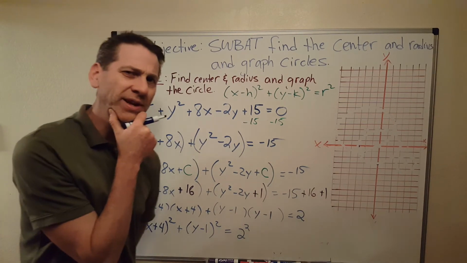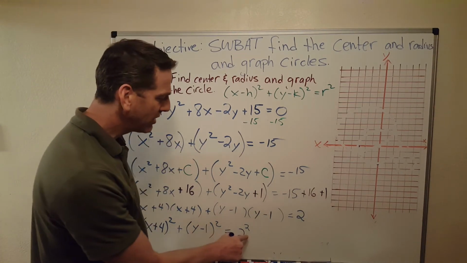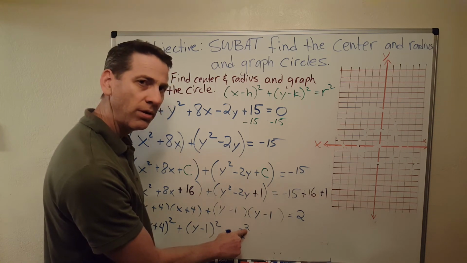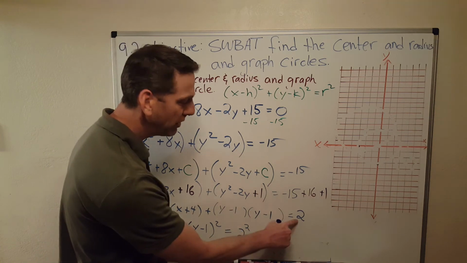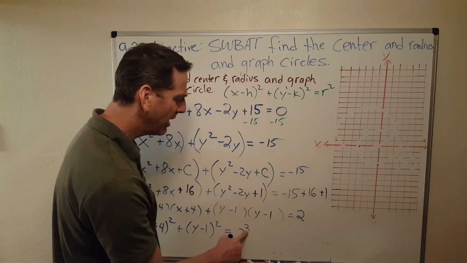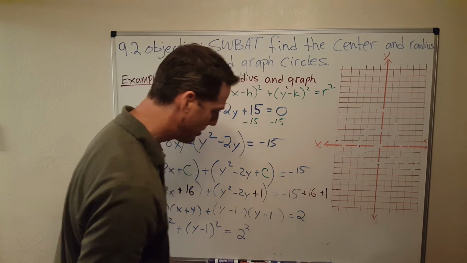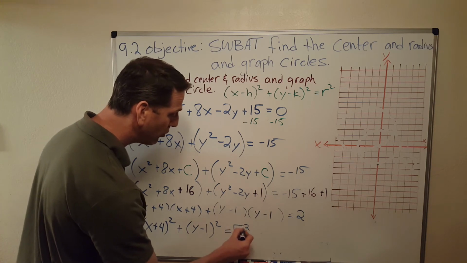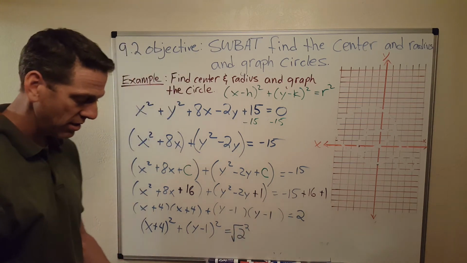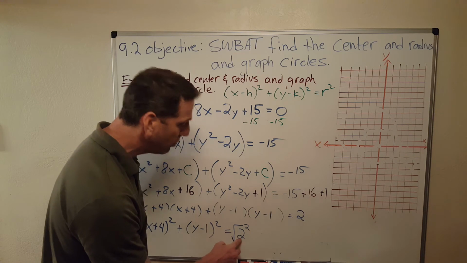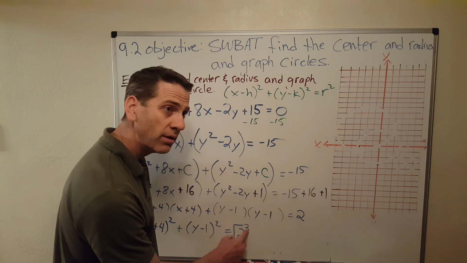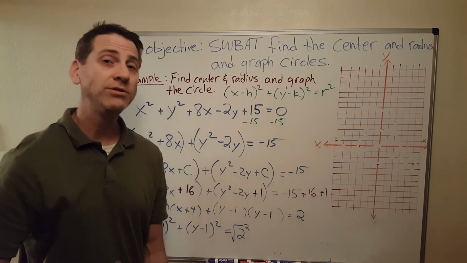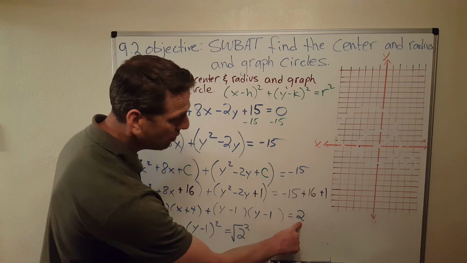If I could just think of something that would cancel out that square so that I would just be left with 2, right? What cancels out a square? You got it. A square root, right? So the square root of 2 squared is just 2. Boom, right there.